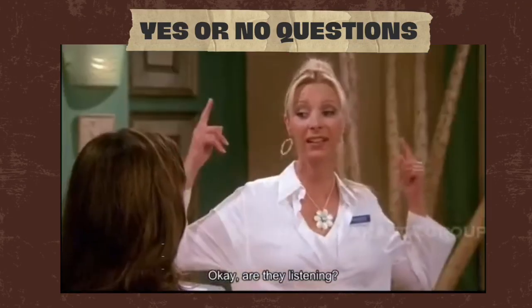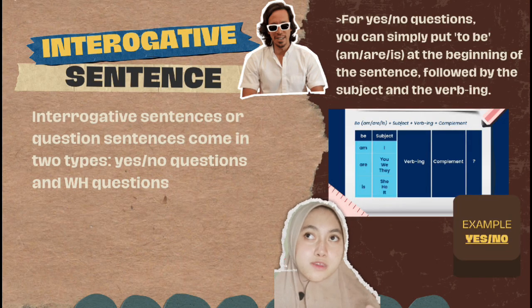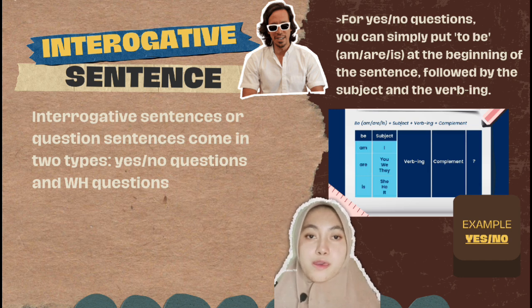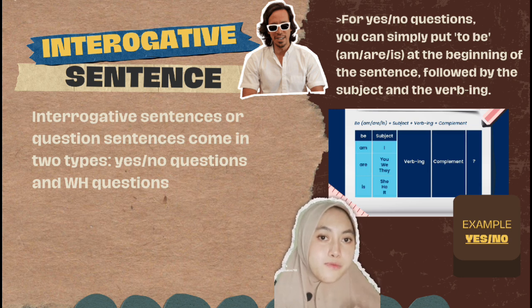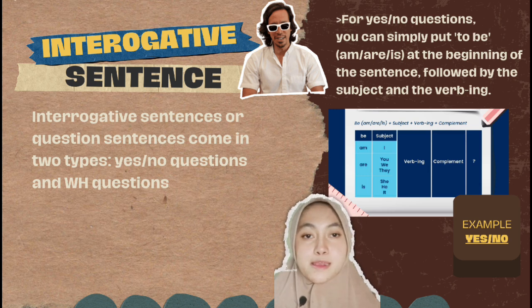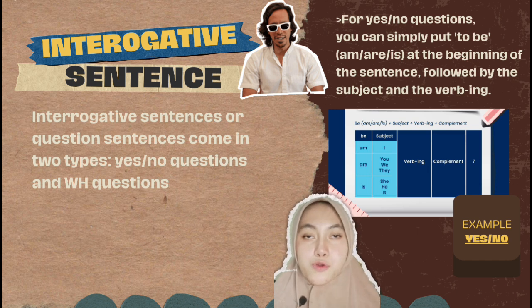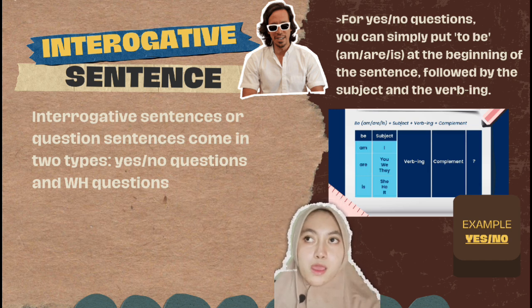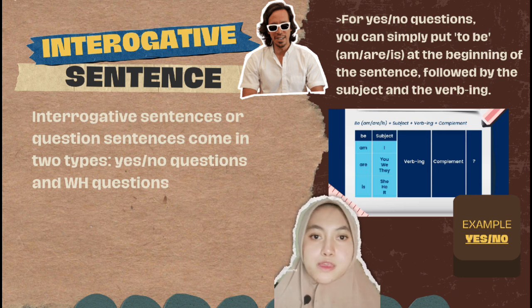Are they listening? Can you see that the first step, when you want to make a yes or no question, you just put to be first, following with the subject and then verb plus ing, and you can add a complement, whether a place or time, it's up to you.